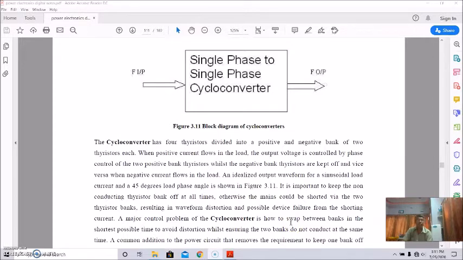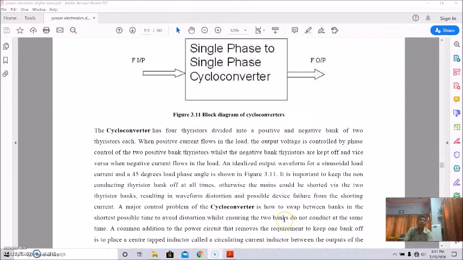It is important to keep the non-conducting thyristor bank off at all times. Otherwise, the mains could be shorted via the two thyristor banks, resulting in waveform distortion and possible device failure from the shorting current. A major control problem of the cycloconverter is how to swap between banks in the shortest possible time to avoid distortion, whilst ensuring the two banks do not conduct at the same time.